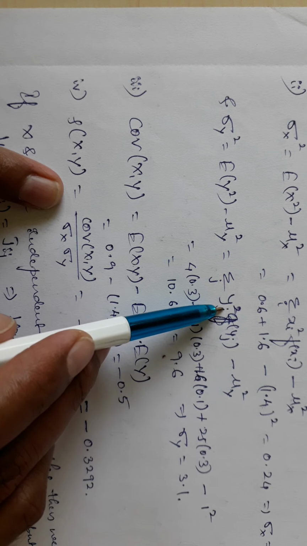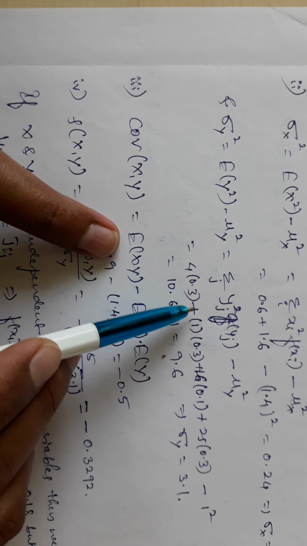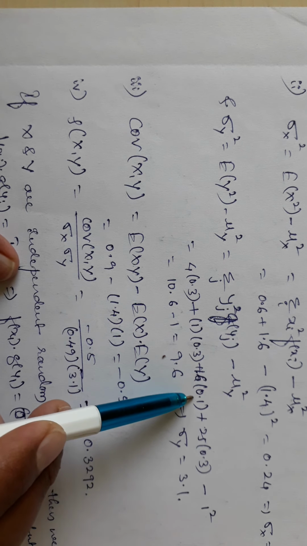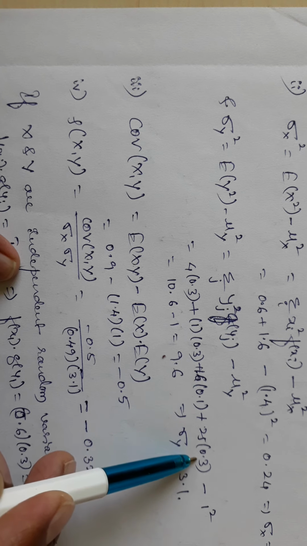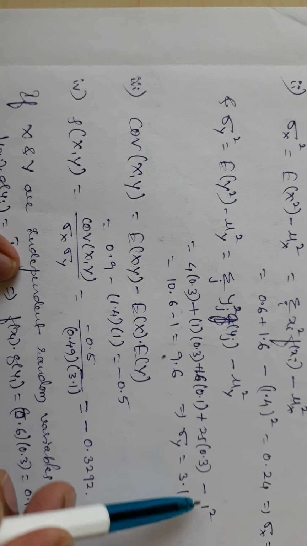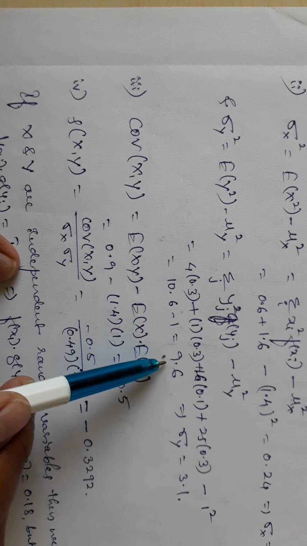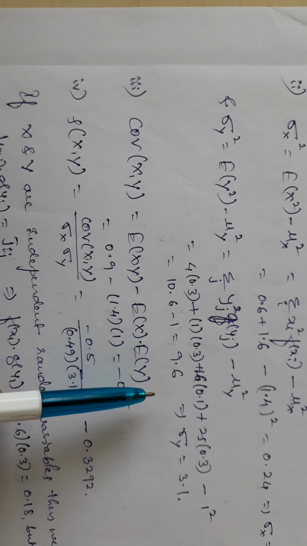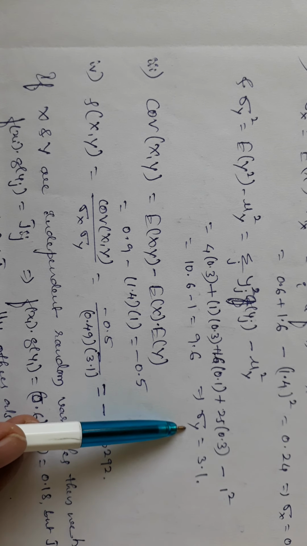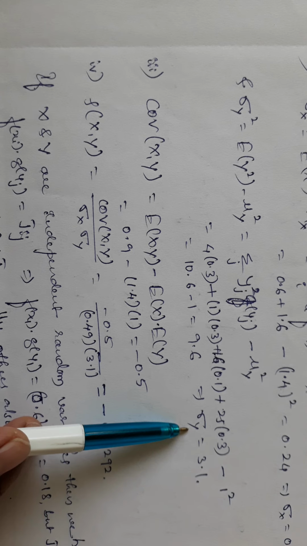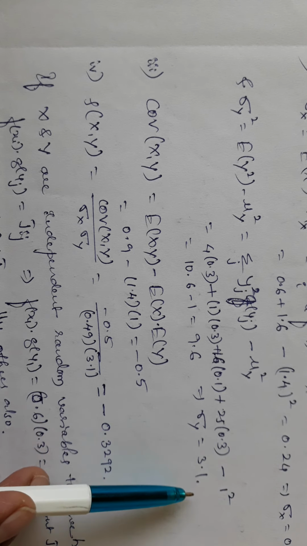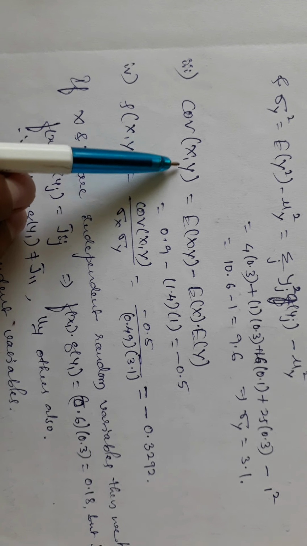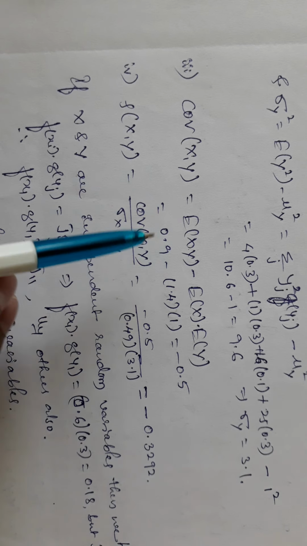Therefore, y1 square into g of y1, y2 square into g of y2, plus y3 square into g of y3, plus y4 square into g of y4, minus mu y square. Simplifying, we get the answer 9.6, which is the variance of y. Now we want the standard deviation of y, therefore sigma of y equals 3.1.